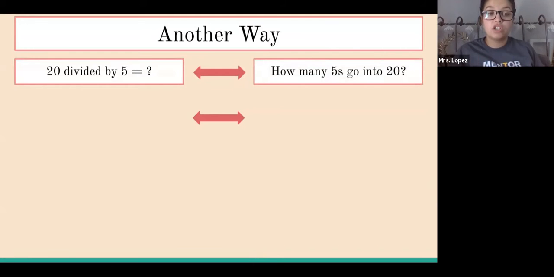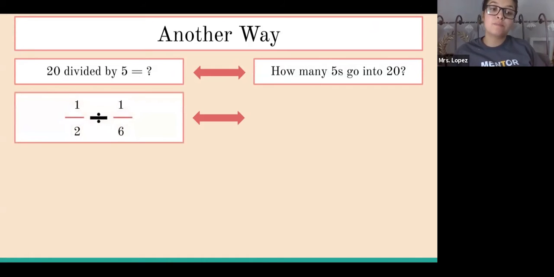So when you're doing your division and you have a number as the divisor, it's asking how many times that number goes evenly into the number that you're dividing. So 20 divided by 5 is seeing it as how many 5s go into 20, and that equals 4.